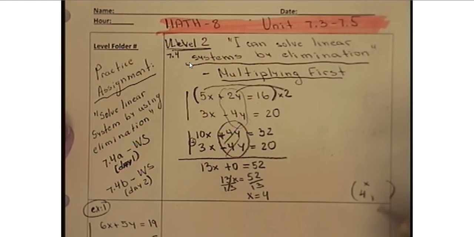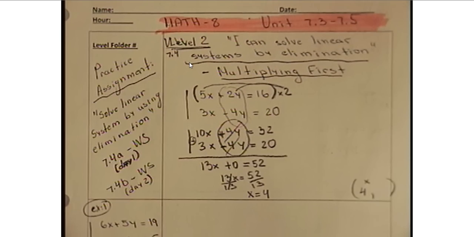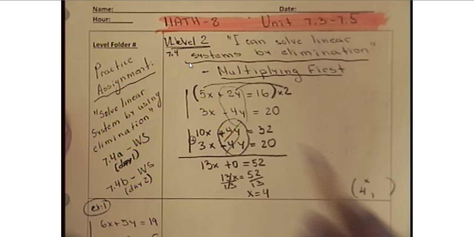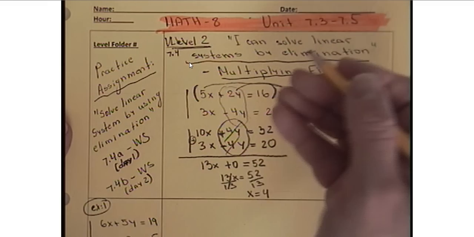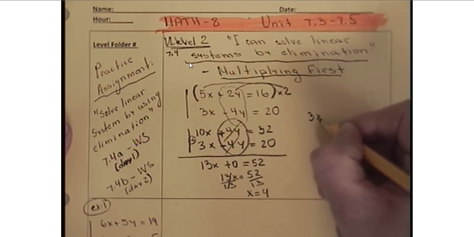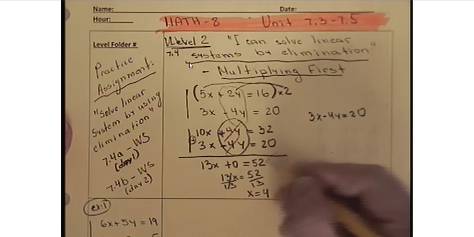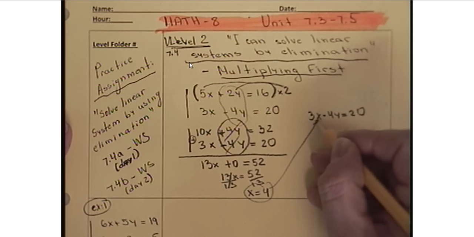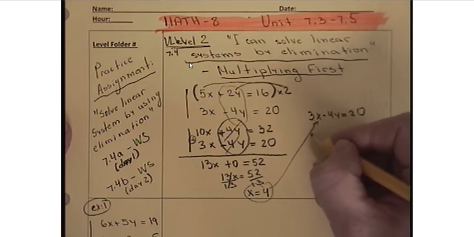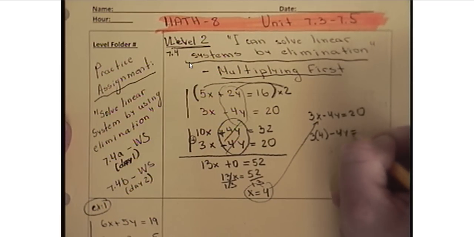Then you can pick either one of those original equations. It doesn't matter again which one. So you can pick the first one, you can pick the second one. Let's say we're gonna work with the second one. 3x minus 4y equals 20. So I just copy that and I'm using x to substitute up here with the number 4. So 3 times 4 minus 4y equals 20.